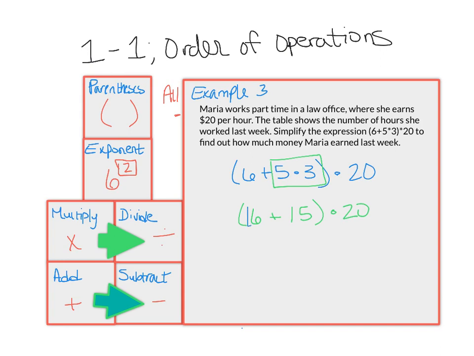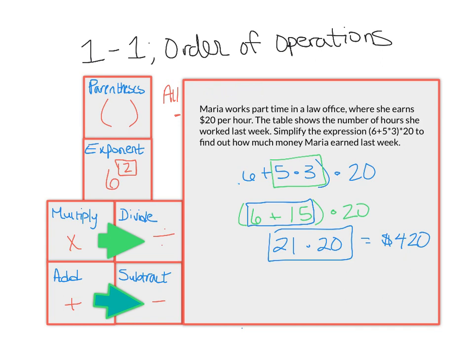Because this addition is in the parentheses, we must do it first before we multiply. So 6 plus 15 is 21 times 20, and now we're at one operation left, so we can multiply that and we get $420.